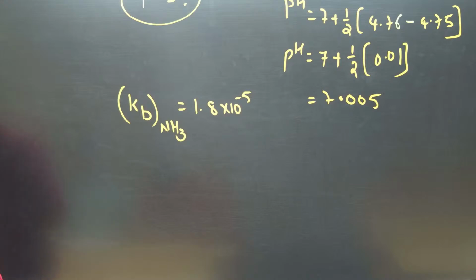That is 4.74 only, which is the pKb value here. Log 1.8 is 0.3. Okay, and the next concept here.